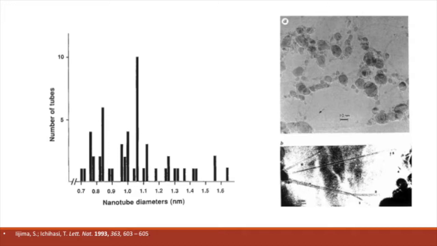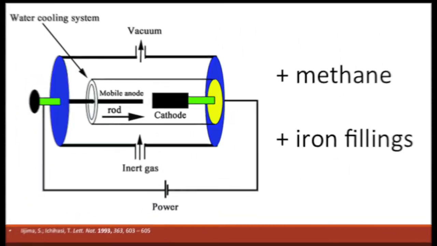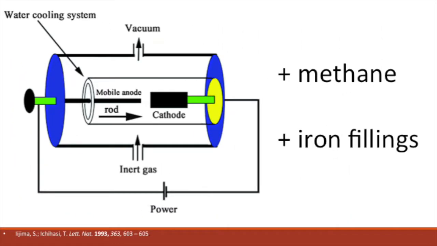As seen in the histogram, nanotubes with diameters of 0.8 and 1.05 nanometers were the most prevalent. The images to the right display transmission electron microscopy images of the single-walled nanotubes. Dr. Ijima was able to achieve a selective large-scale synthesis of single-walled carbon nanotubes by altering his original arc discharge evaporation technique.